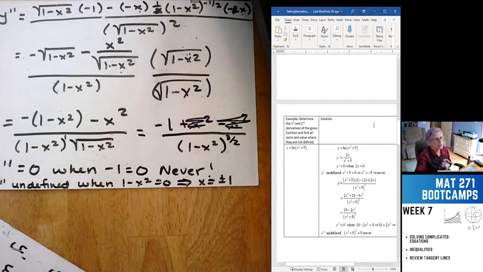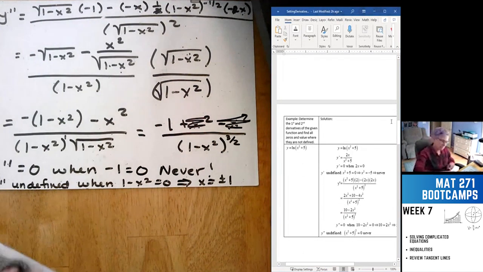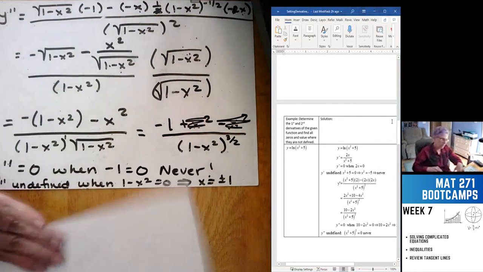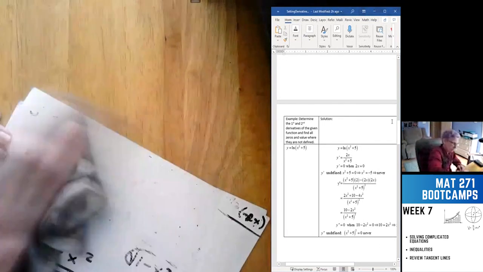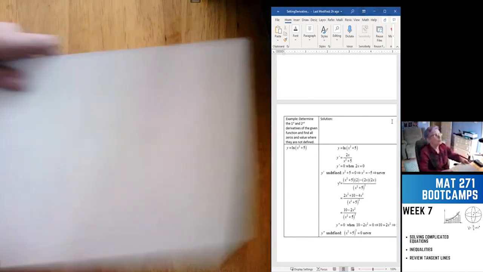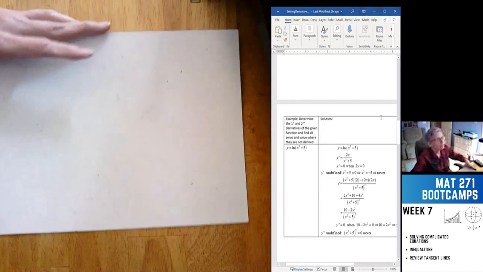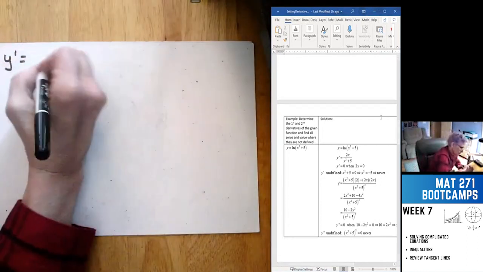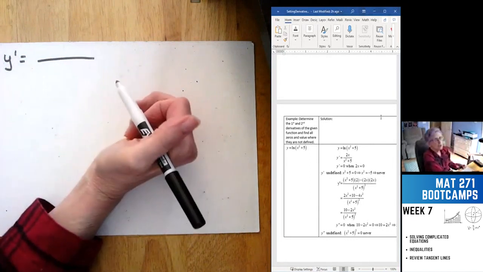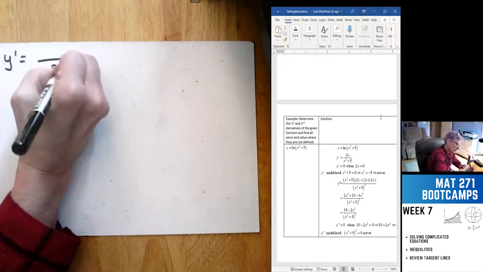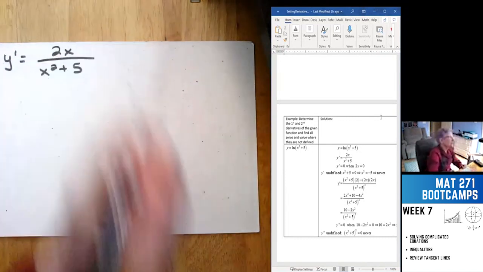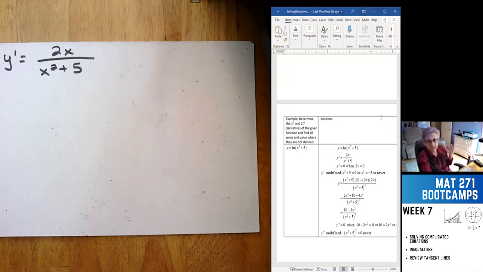Okay, we'll do one with a log. Derivative of log, whatever I'm logging is going to go on the bottom of the fraction bar, and the derivative of what I'm logging goes on top of the fraction bar. Easy peasy.